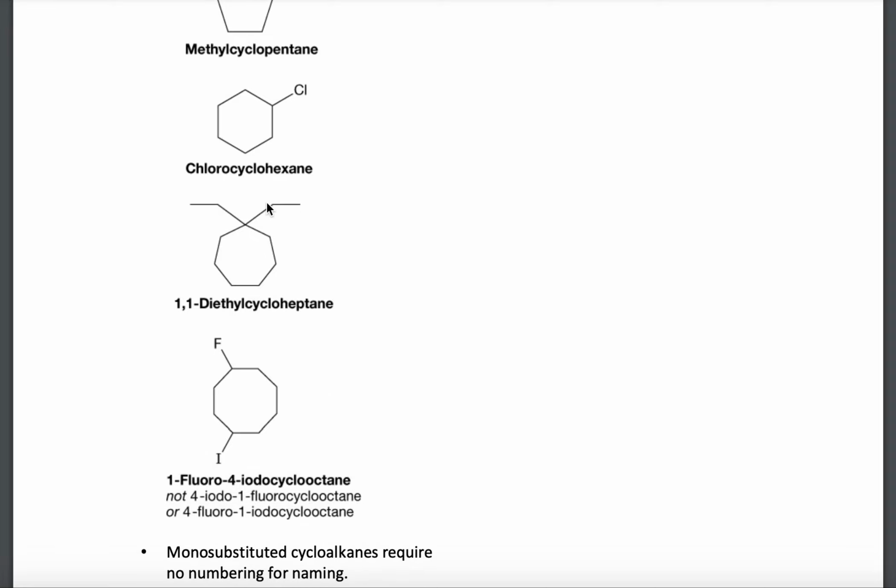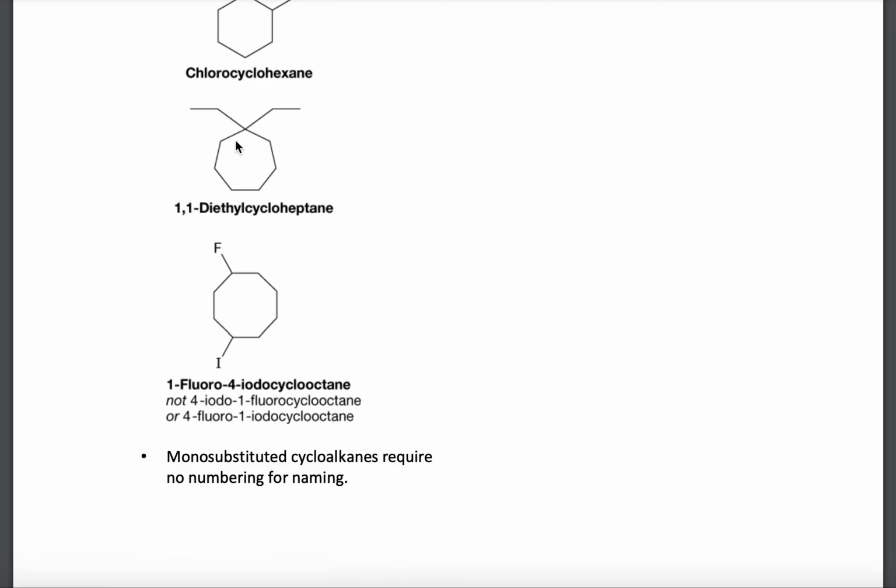However, if you have two branches, these are 2-arm branch or 2 carbon. They're both the same, and each of them is an ethyl, so you call that a 1,1 because automatically that's number 1. And repeat number 1 because you have 2 branches, so that's why 1,1-diethylcycloheptane, because the ring has 7 carbon.